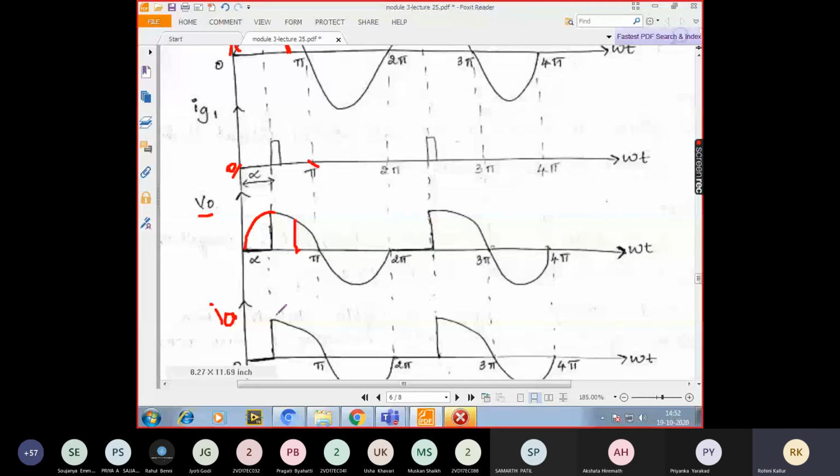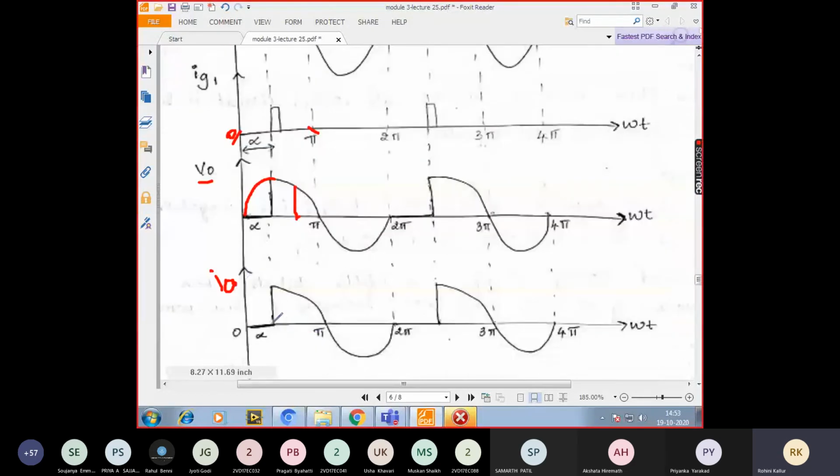If I keep it near pi, I will get minimum output voltage or minimum output current. So I am varying the phase of the output voltage or output current, because of which this is also called the phase control AC voltage controller.